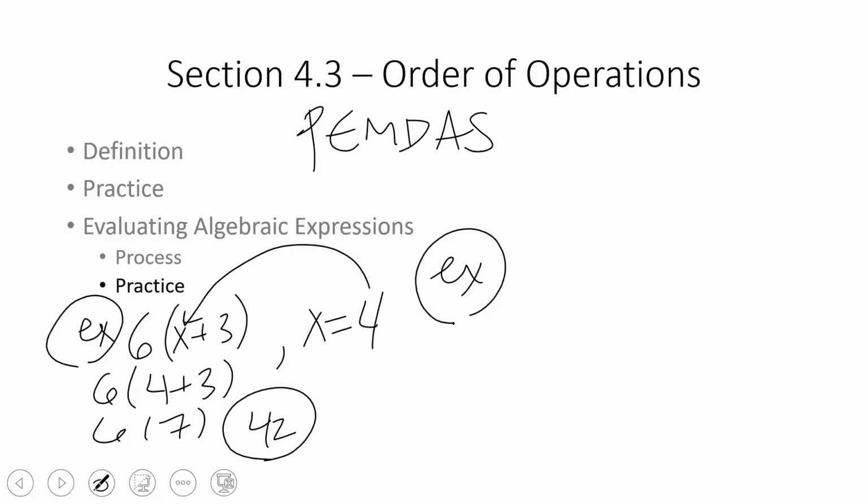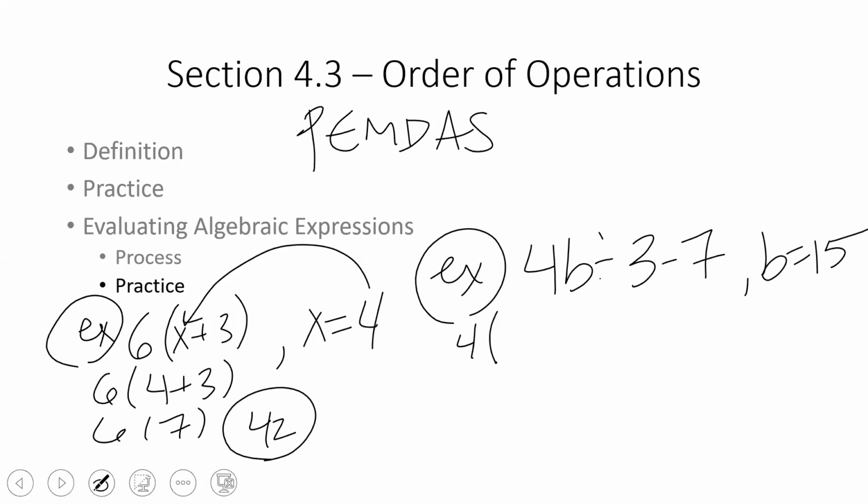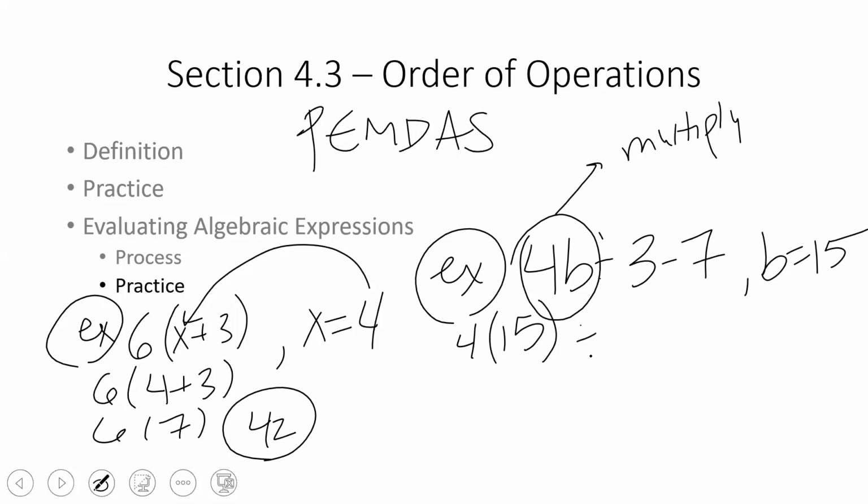And for our last example, let's take 4b divided by 3 minus 7. And let's use a value of 15 for b. So now I'm going to substitute that 15 into parentheses, because remember, if they're right by each other, this means we're going to multiply them. And then divided by 3 minus 7.